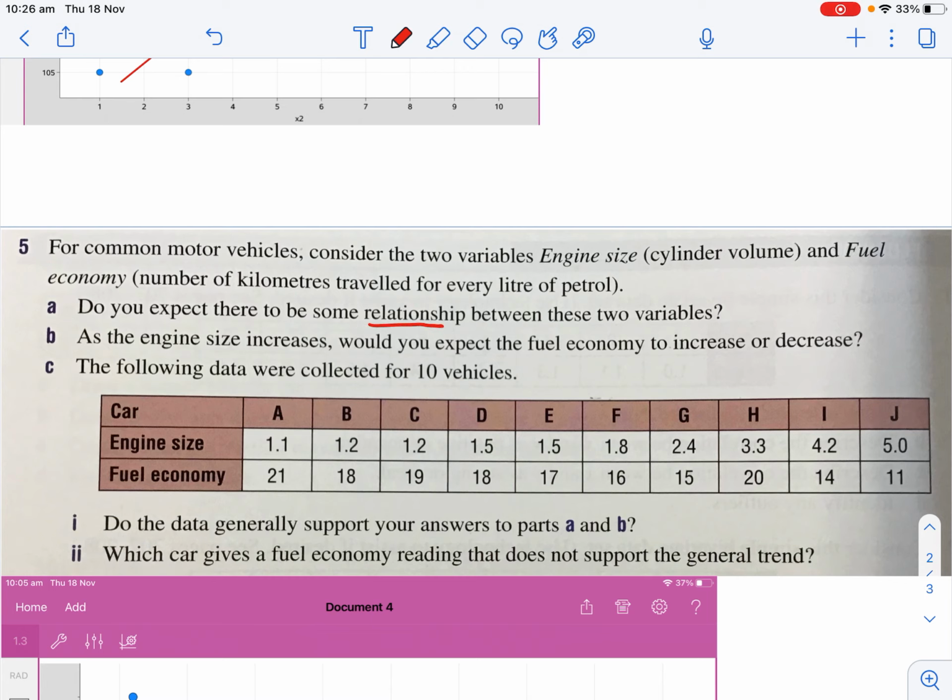What they're asking is, do we think there will be a connection between how big the engine is and the amount of petrol used? I would say yes. The bigger the engine, the greater the volume, then I'd expect to put more petrol into a larger engine. So, yes, I expect a relationship.